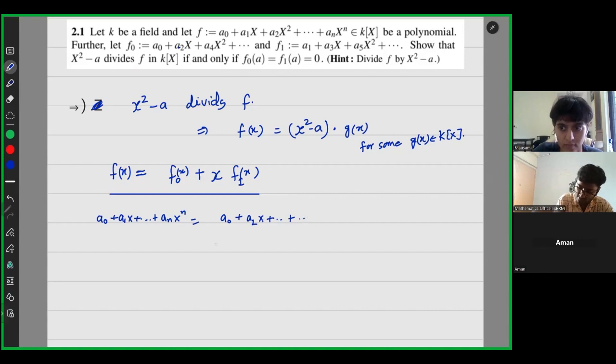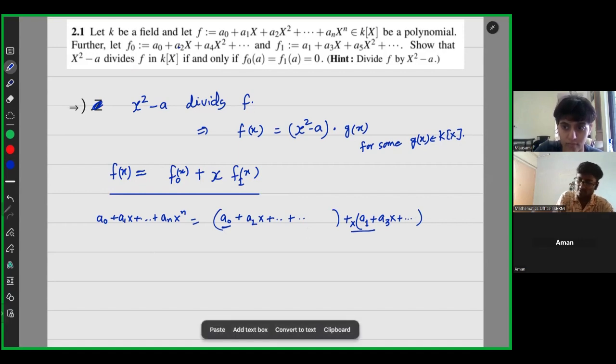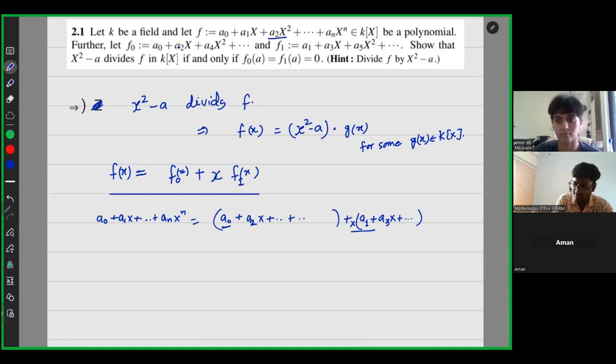And this plus A1 plus A3x and so on, and we have x here, multiplied. So for the first terms we got A0 from here, A1x from here. Now we want A2x square. A2x square will come from this side because A2 is here.